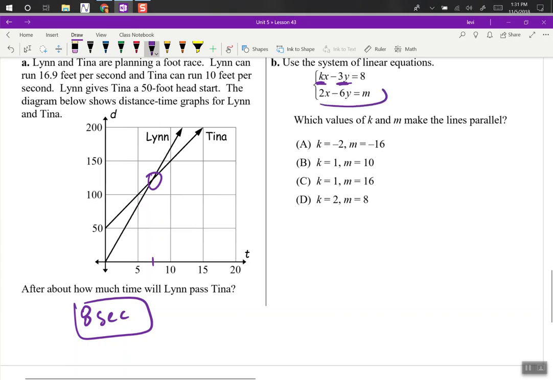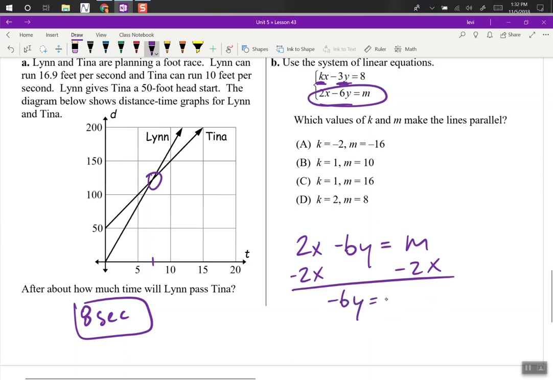So if we were to take this equation here and solve it for y, we'd get 2x minus 6y equals m. So to solve this for y, we'd subtract 2x from both sides, and we get -6y equals -2x plus m. We divide by -6, and we get y equals positive 1/3 x, right? And that's what we care about here. So we want a slope of 1/3.